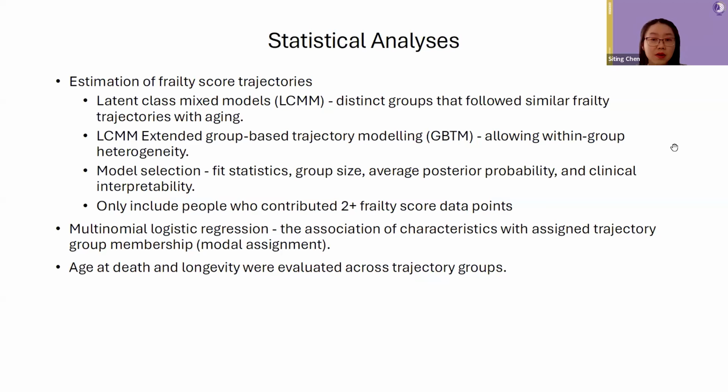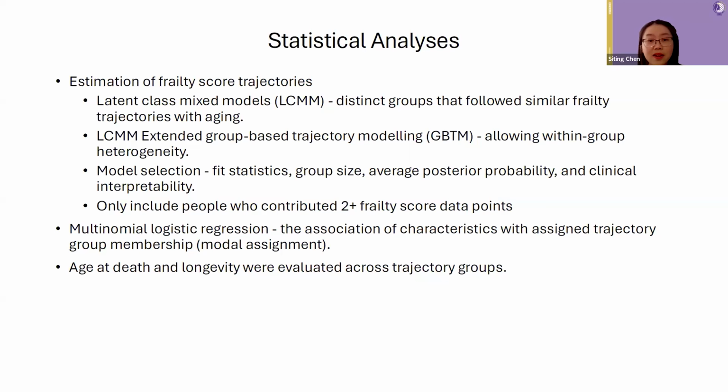We also considered several criteria for model selection, including fit statistics such as BIC, the relative size of each group, the average posterior probability of class membership, and importantly, the clinical interpretability of the resulting groups. To ensure reliable trajectory estimation, we only included individuals who contributed at least 2 frailty score observations over the entire study period.